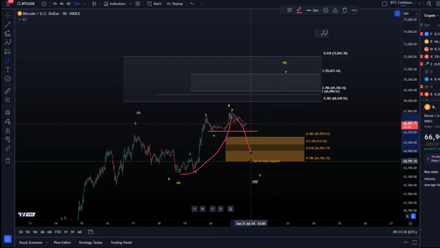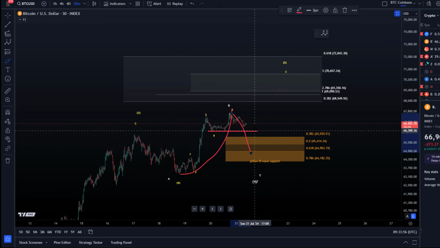So if we get a pullback, the first area of support, that's really only the first area of support, is between 64,180 and 65,929. But to get a pullback, we first need to see a break below the red line at 66,350.